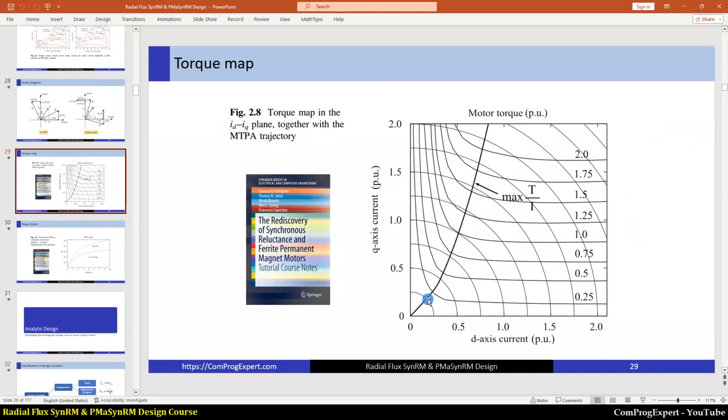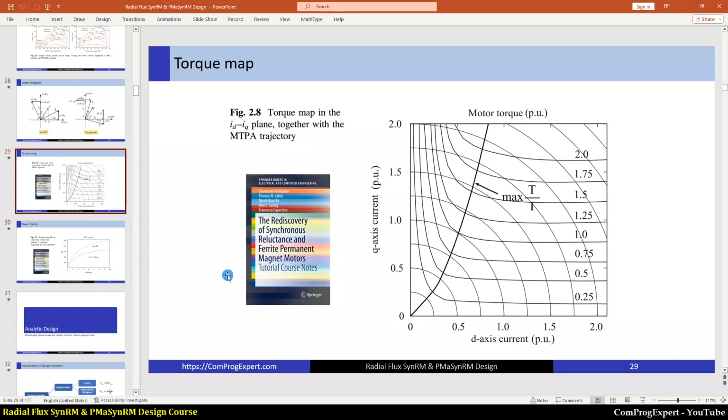As you can see, when the excitation level is low, this angle is 45, and as we increase the excitation level, this trajectory tends to approach the q-axis. MTPA, the maximum torque per ampere trajectory, is something like this.